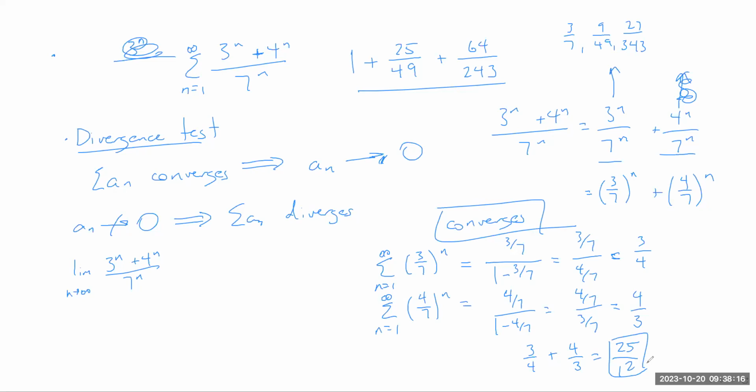So I don't know if there's a way to get that sum without realizing that this can be broken down into 2 different series.